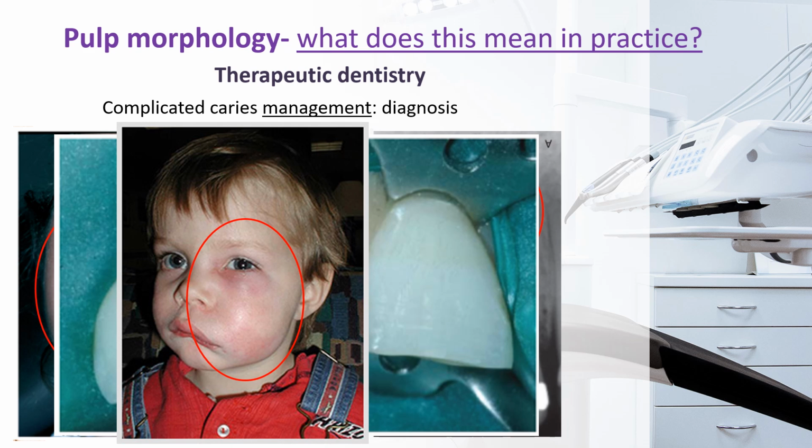Yes, you are right. It is complicated caries. But we know that complicated caries is pulpitis or periodontitis. Yeah? Pulpitis or apical periodontitis does this child have?